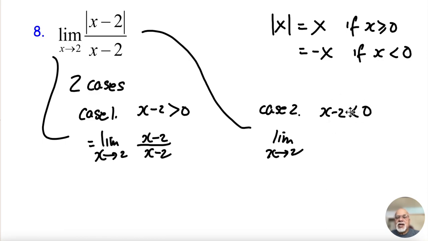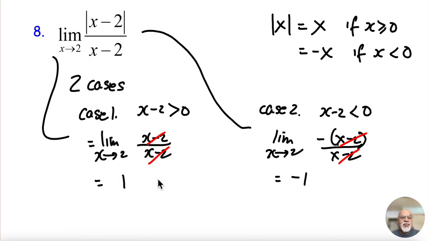So we're saying if it was less than 0, then this just becomes negative x minus 2 over x minus 2. And this cancels there, this cancels that. And this limit ends up being 1, whereas this limit ends up being -1. And you'll recall that if the two limits are not the same as x approaches some value, then the limit doesn't exist. So the limit does not exist.